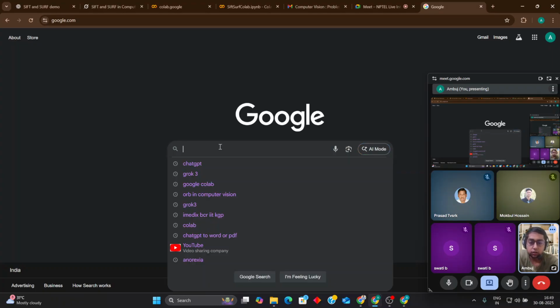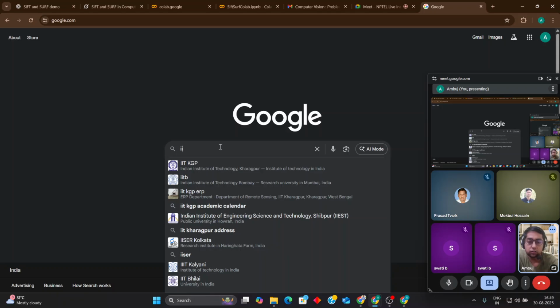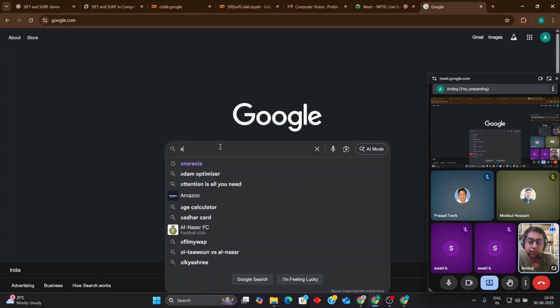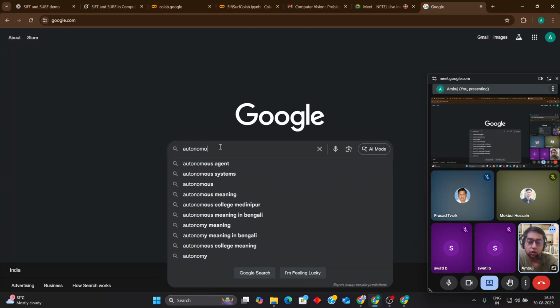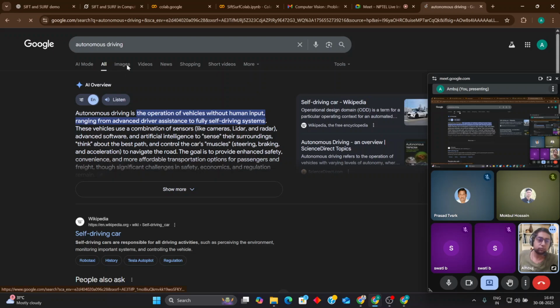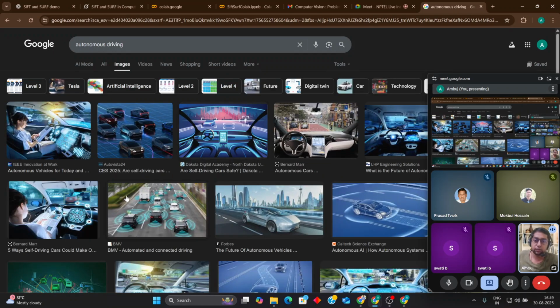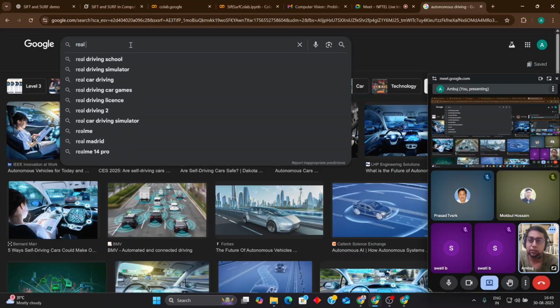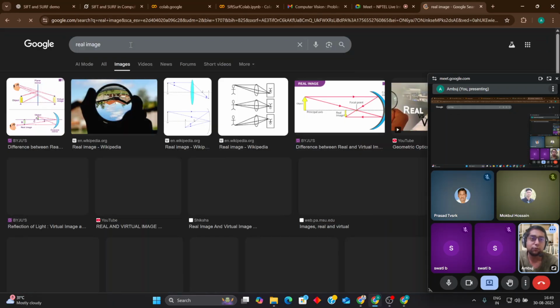Particularly in which area I should take, it should be autonomous driving. If I search this and I take an image, leave that, any real image will work for me.